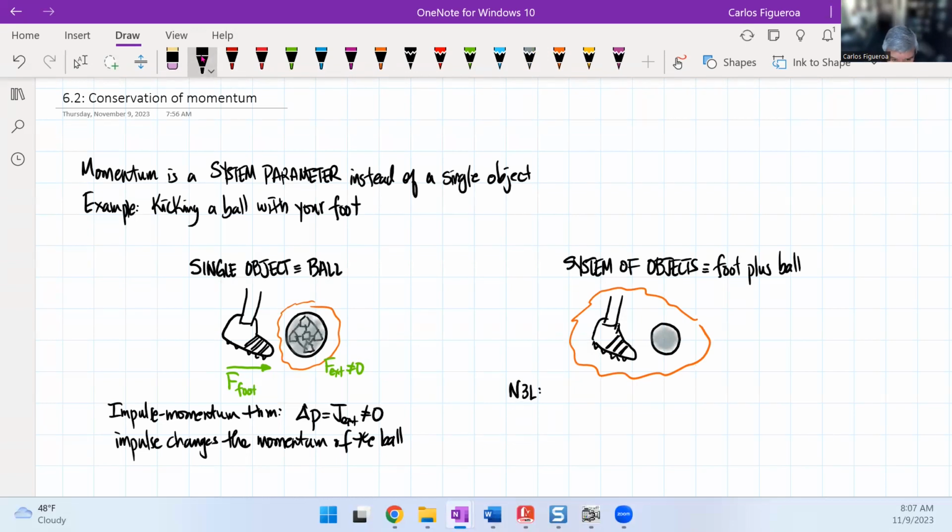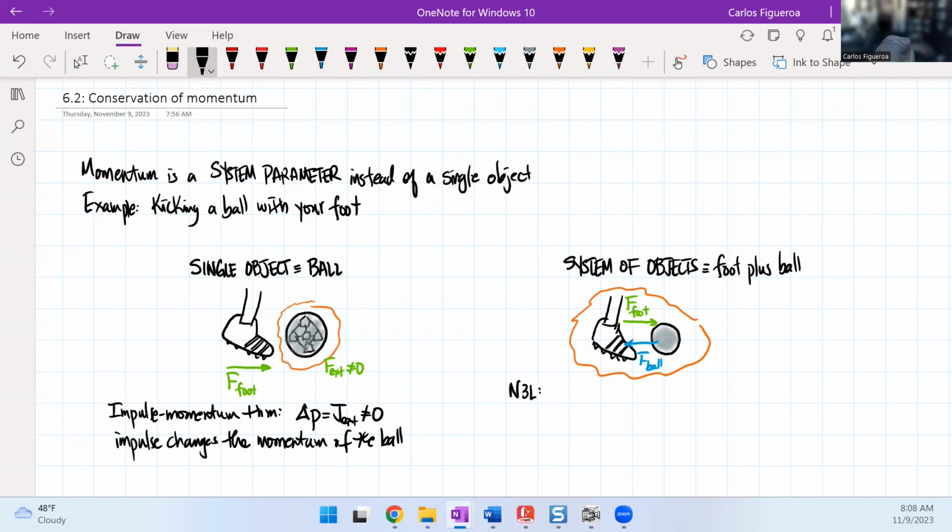So what does Newton's third law say? My foot applies a force to the ball, and there's an equal and opposite force of the ball applying a force on my foot.